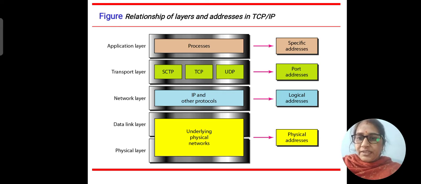IP, the internetworking protocol, is an unreliable and connectionless protocol, a best-effort delivery service. IP transports data in packets called datagrams, each of which is transported separately.